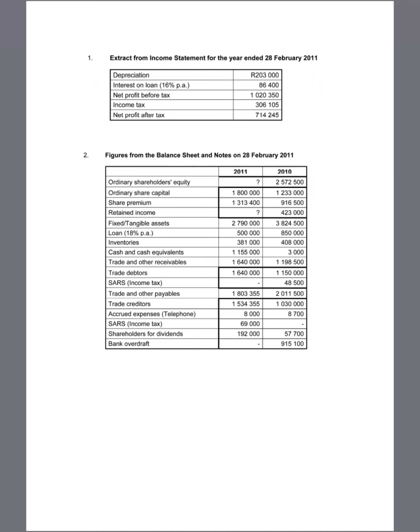Yes. So to figure out how much this equipment cost, I'm going to start with my opening balance on my fixed or tangible assets, which is 3,824,500. And then with this amount, I'm going to minus what I sold.